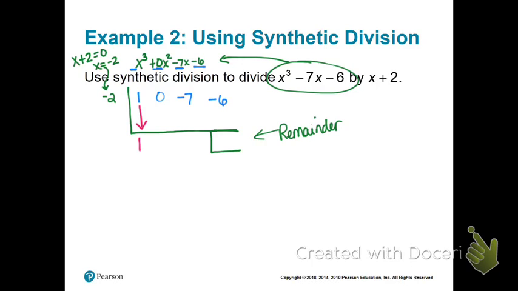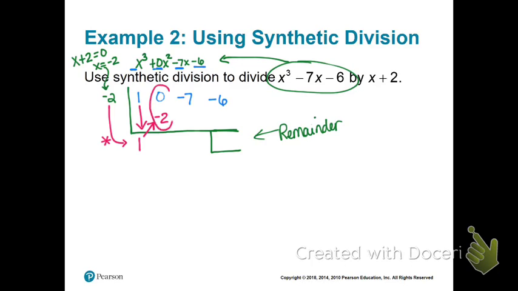Now anything that gets put on that bottom row is going to get multiplied by whatever number we have on the outside. So we're going to multiply that 1 by negative 2. What's negative 2 times 1? Negative 2, and we're going to put that in the next column. Then we combine that column.